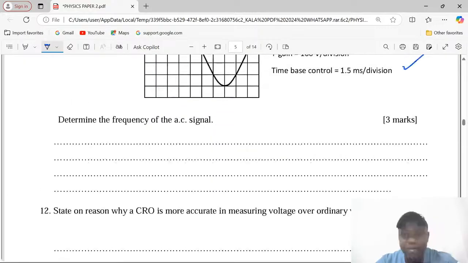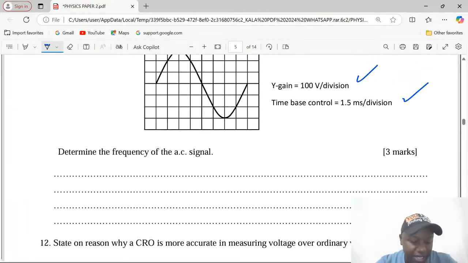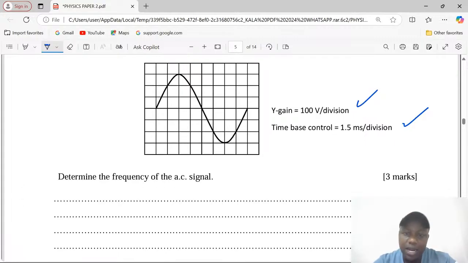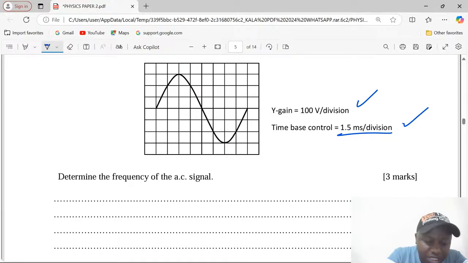For us to determine frequency, we have to begin by determining the periodic time, and that will be determined by first interpreting the time-base control, which says that there is 1.5 milliseconds per division. So when we come to our diagram, we should know the time taken to cover a complete oscillation. The diagram has just displayed one complete oscillation.